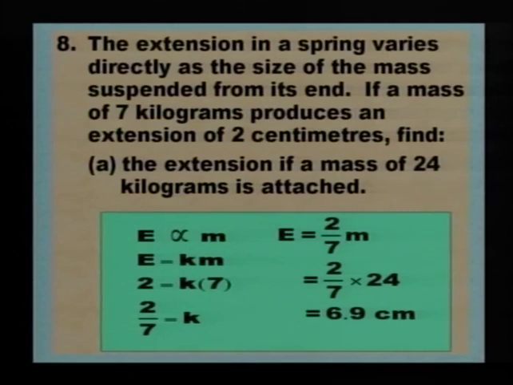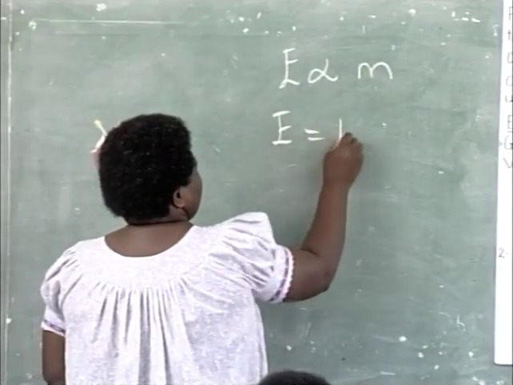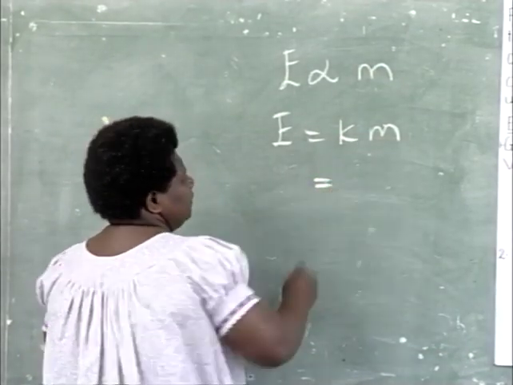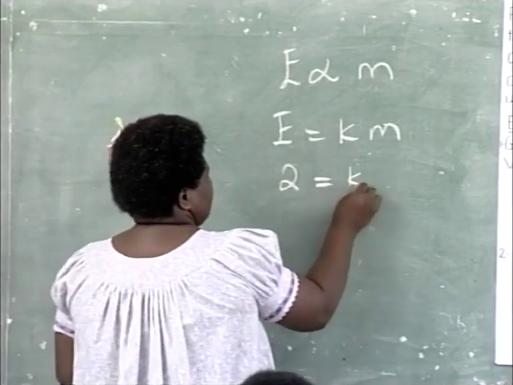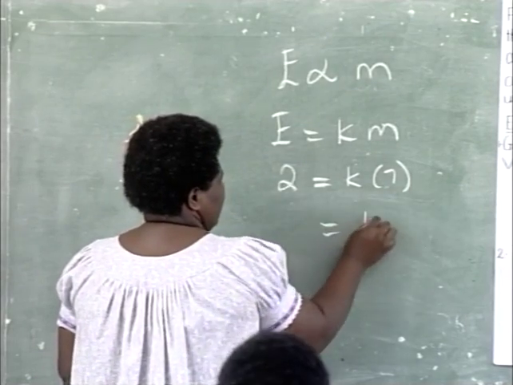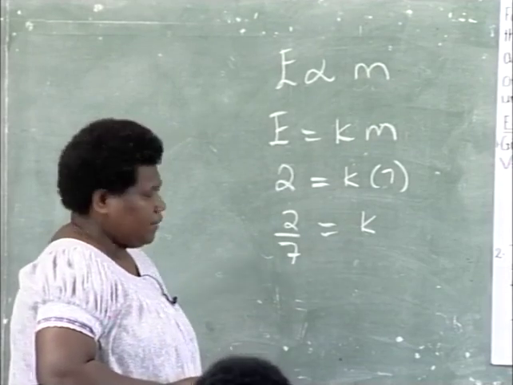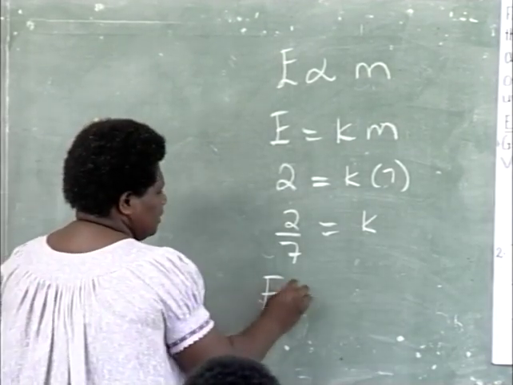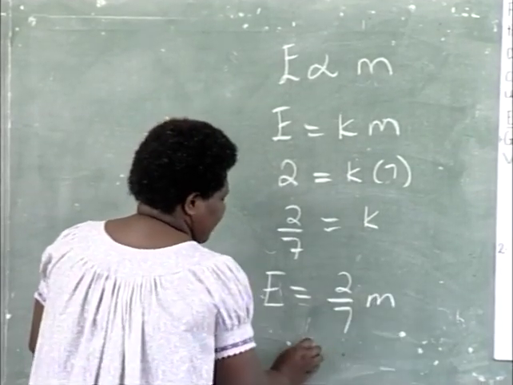So if the extension is E, E varies as the mass, and E is equal to the constant multiplied by M. You are told that the extension is 2 centimeters when the mass is 7 kilograms. So K is 2 on 7. Then the equation is E equals 2 on 7 multiplied by M.